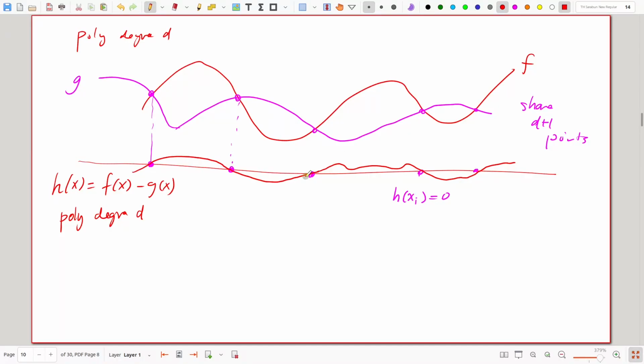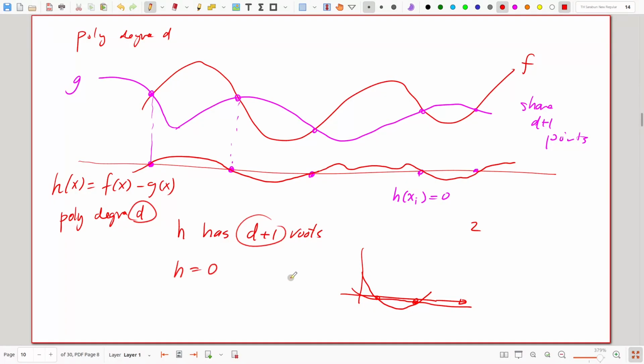Let's try to be concrete. Suppose you have a polynomial of degree 2. It can have 2 roots, like that. But if it has 3 roots, then you have a problem, so it has to be 0.